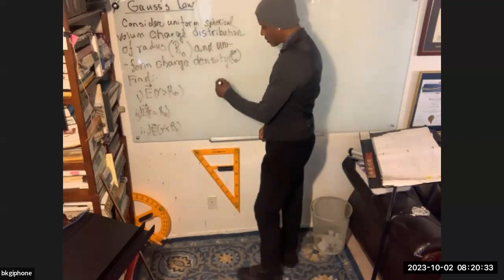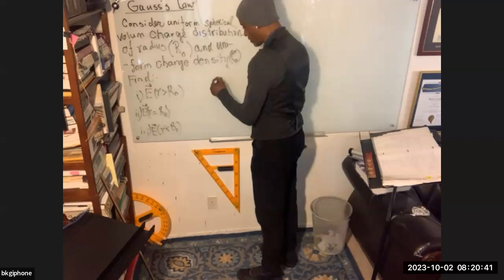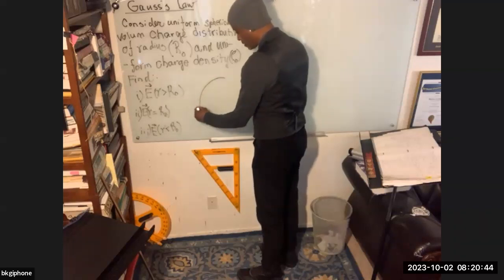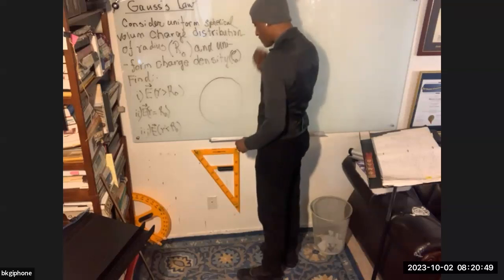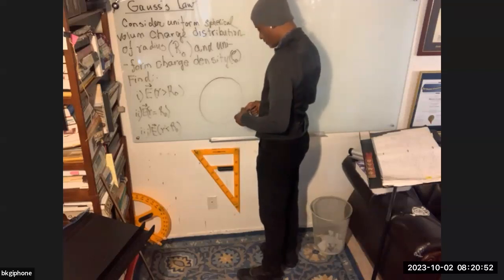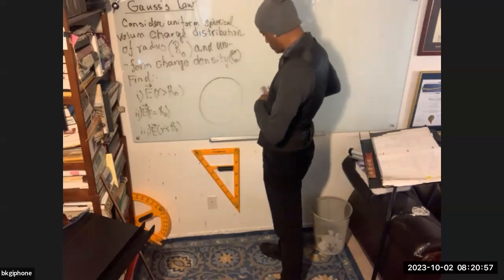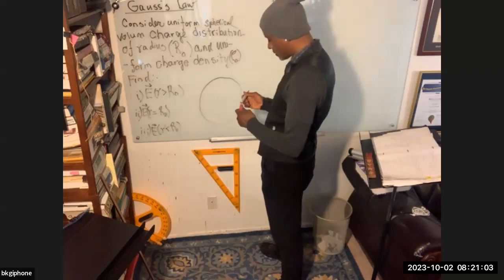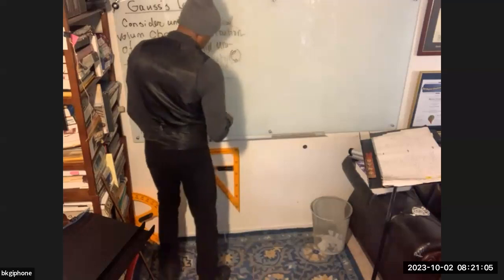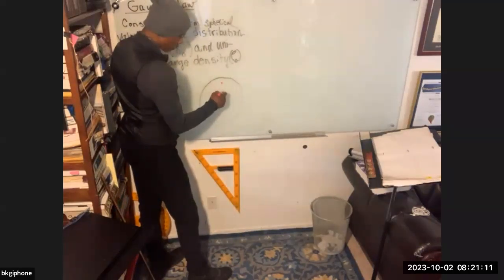And here we can draw the charge distribution. I'm going to redraw it up here three times. It's a sphere, so it's hard to really draw it and give it perspective, but the charge is all over the thing.